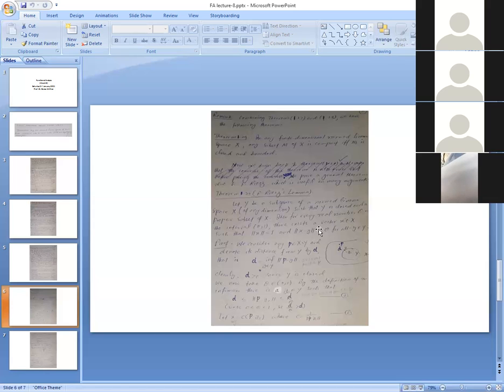Obviously this theta will be a rational number because it belongs to (0, 1). It can be 1/2, 1/3, 1/4, and so on.